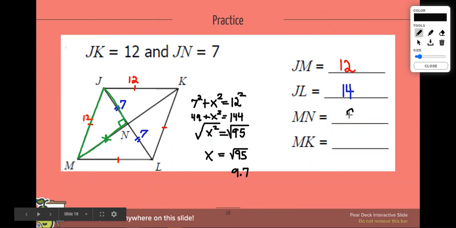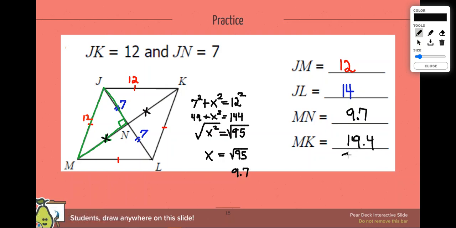So that means MN is 9.7, and MK, which would be 2 times MN, the entire length, would be about 19.4. Or, of course, 2 times the square root of 95. You can leave it either way.